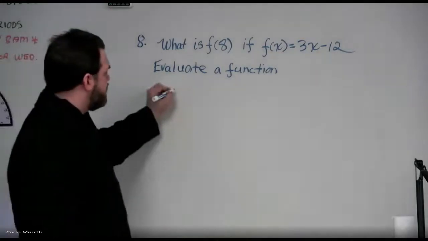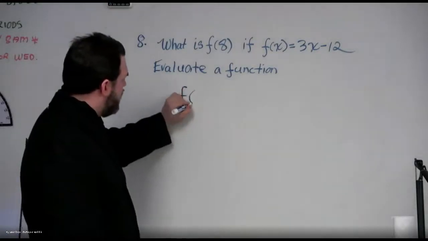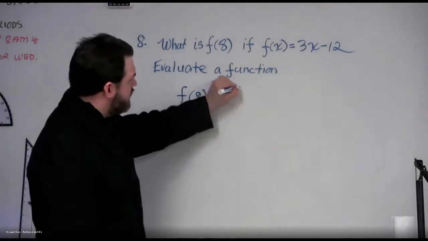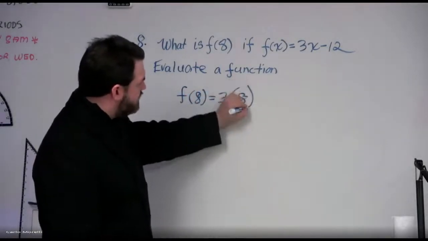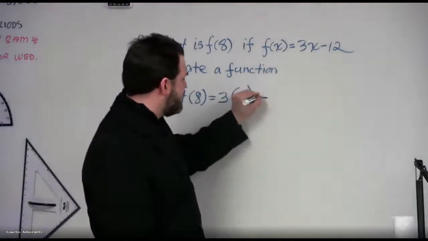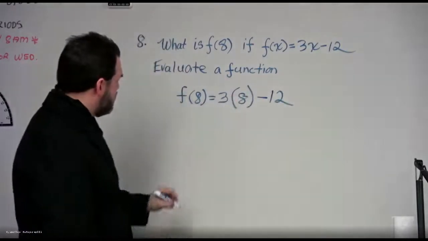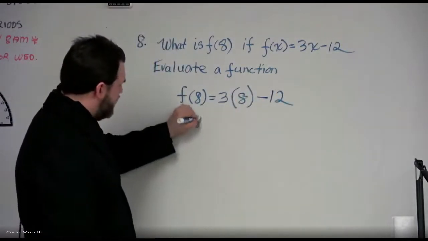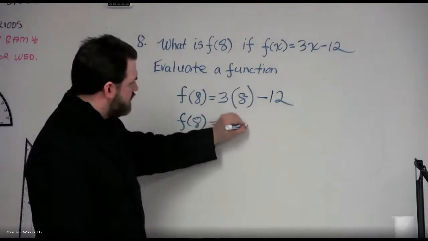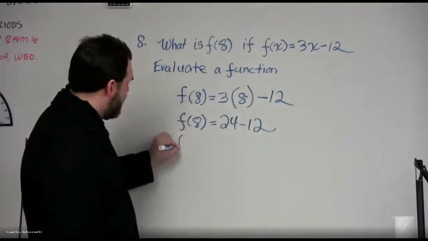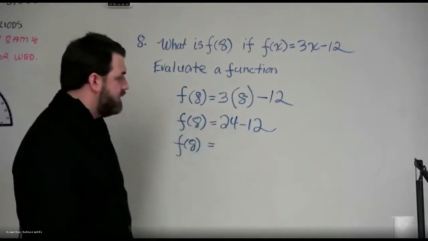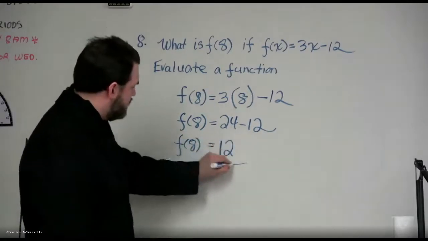So let's move this down here. f of 8 equals 3, open parentheses, 8, close parentheses. That's, you've plugged in the 8 for the x, minus 12. So f of 8 equals, now 3 times 8 is 24, minus 12. So f of 8 equals 24 minus 12 is 12. And there's your answer.